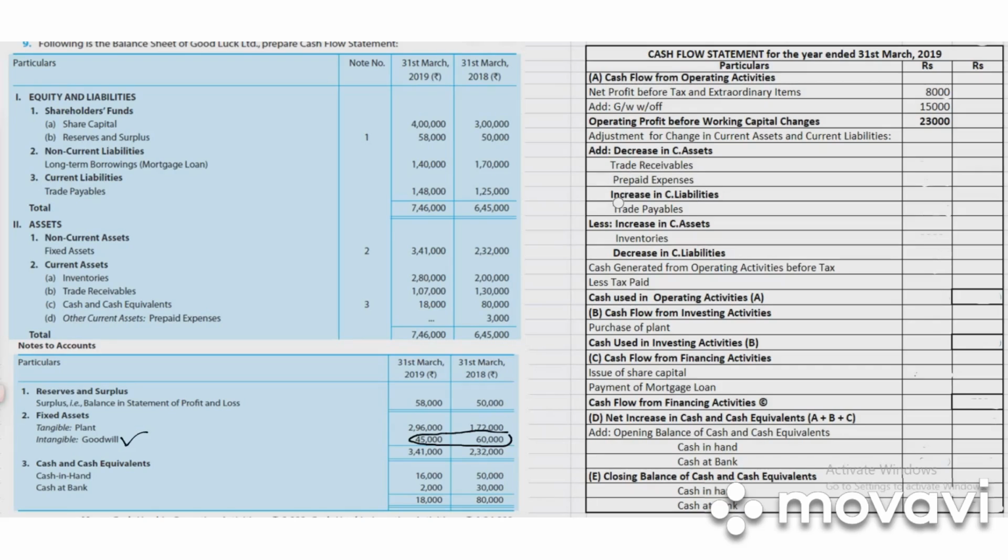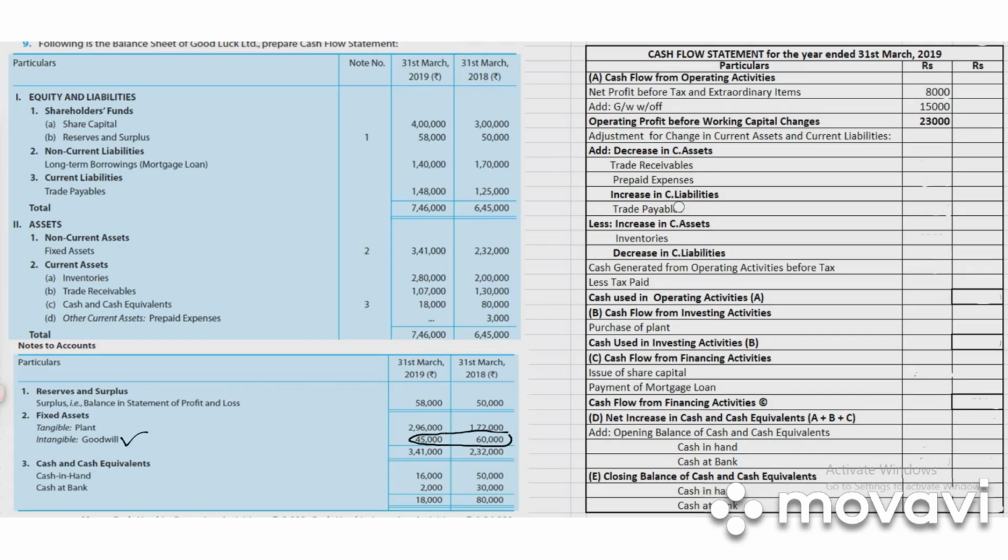And what is to be subtracted? It is just the opposite, that is increase in current asset and decrease in current liabilities are to be subtracted. So this is a standard format. In the standard format, you include all the headings as I have written here. Decrease in current asset, that is a heading. Then whatever current assets are decreased, you put it one by one below. Then take the total and add it.